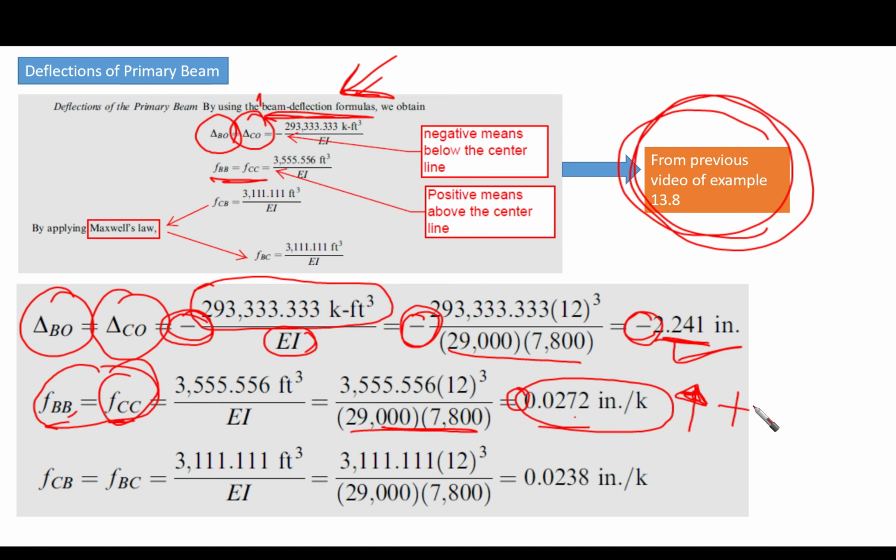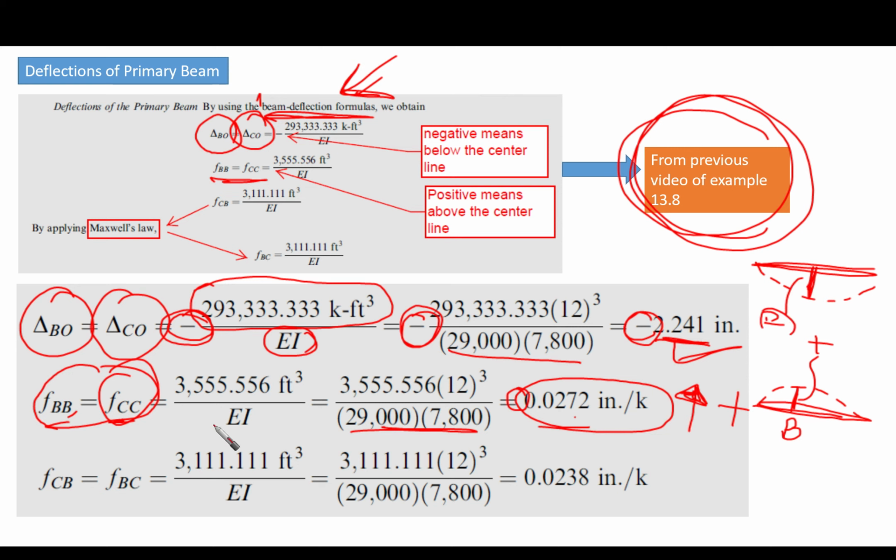If this is the primary beam, then the elastic shape is going to be something like this, right? This means that going up at point B, for example, is positive. But in this case, delta B node and so on were negative. We were using the primary beam, and it was something like this, so they were going down, which is negative.